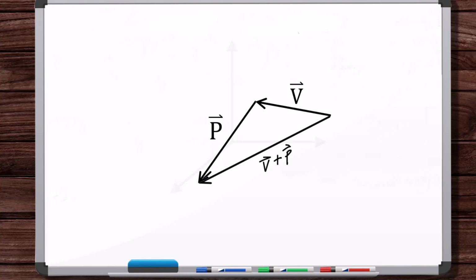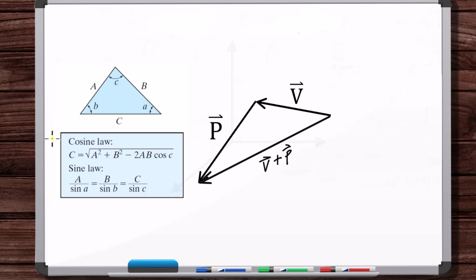But for any triangle, any general triangle, acute, obtuse, whatever, we use the law of sines and cosines, which are just these equations that relate the angles and side lengths of any kind of triangle, not just a right triangle. And so that's what we would do. We would know the length of the two vectors. We'd know their magnitudes.